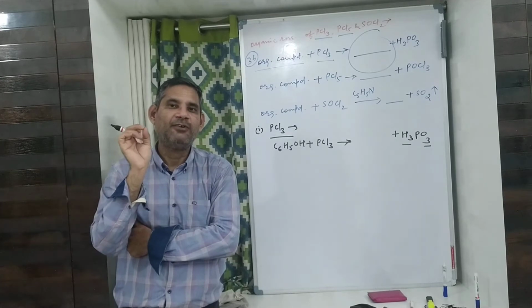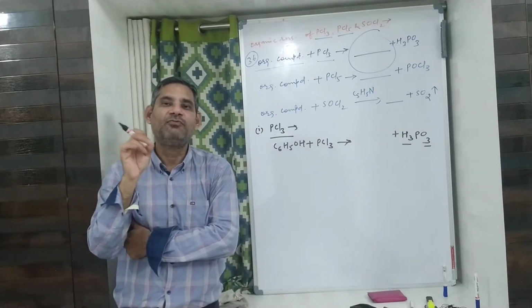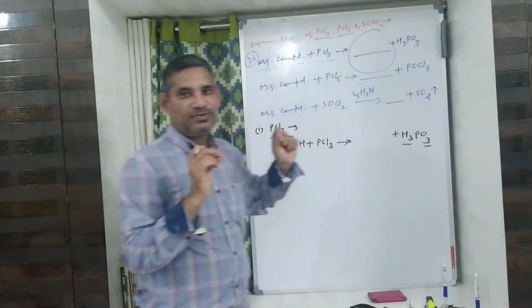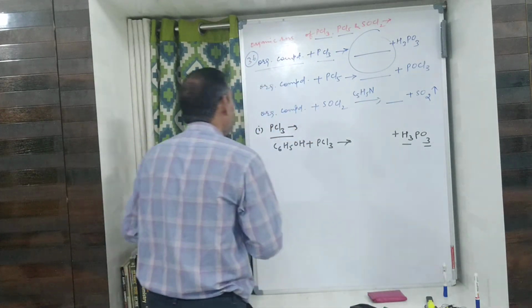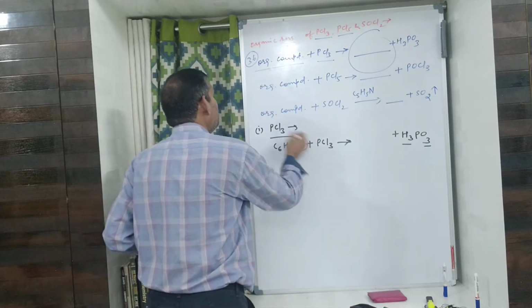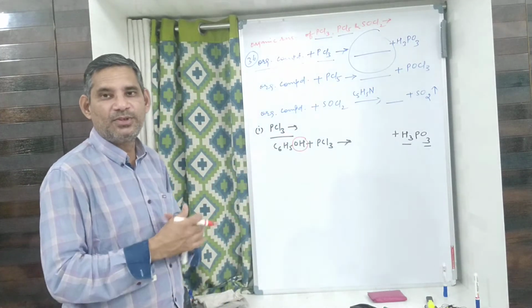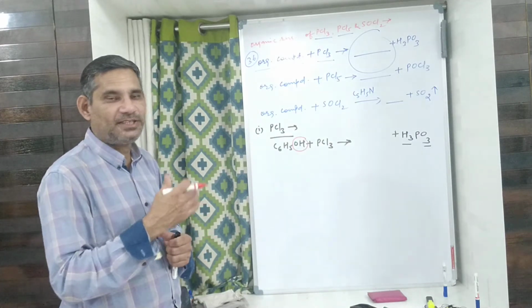H and O must always come from the functional group in this H3PO3. So see what the functional group is here. Here the functional group is H and O. So this can give this reaction to form H3PO3.